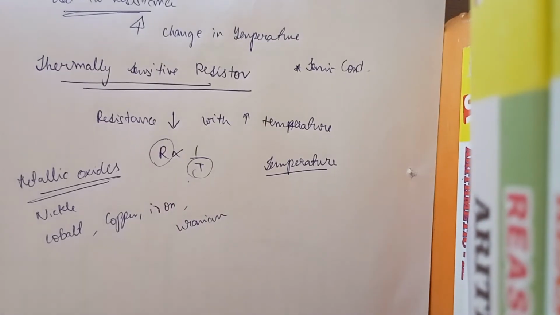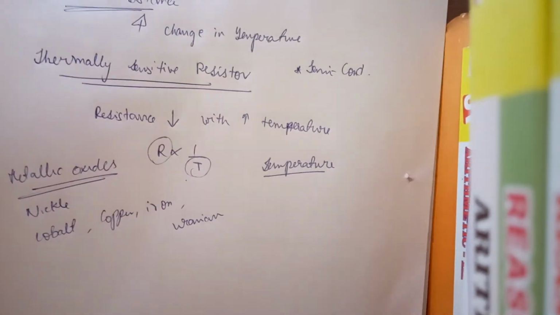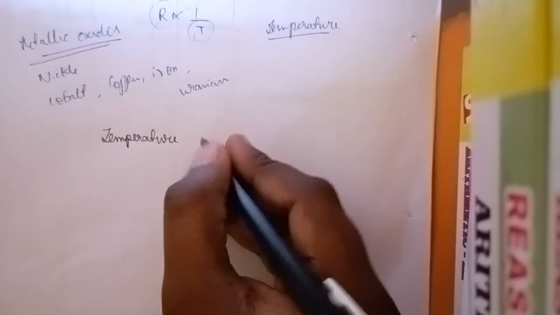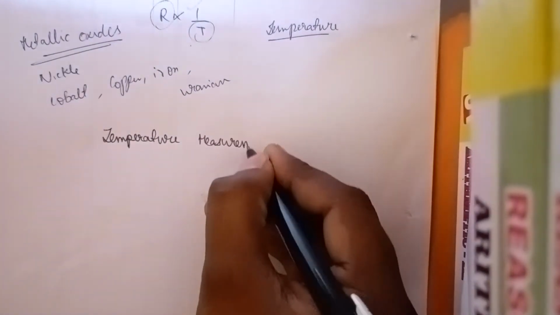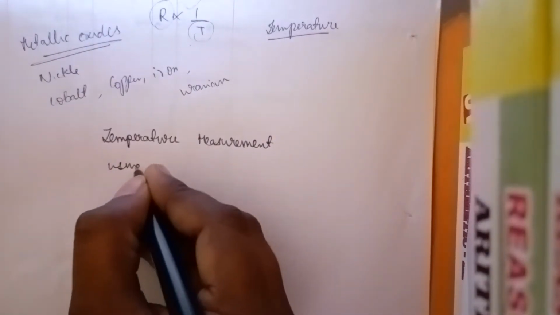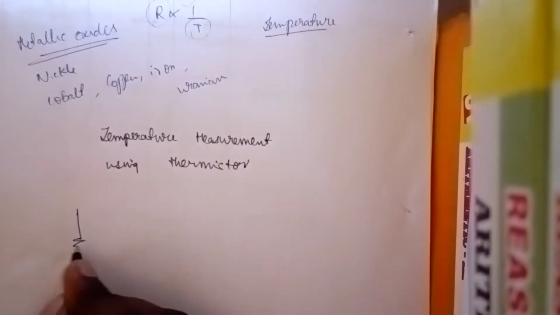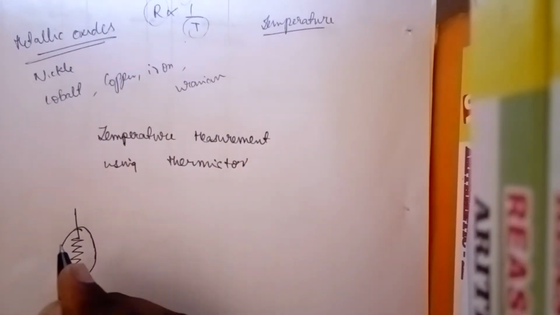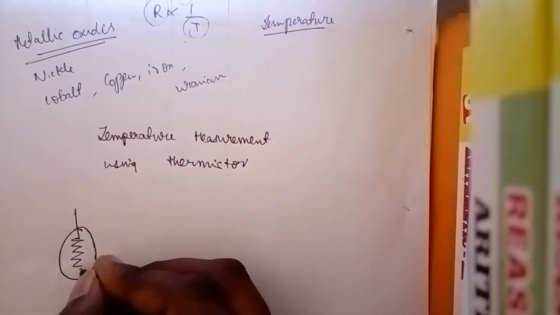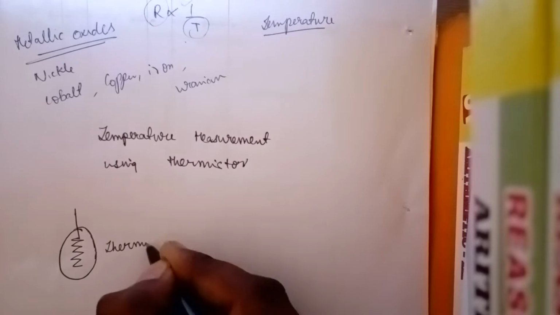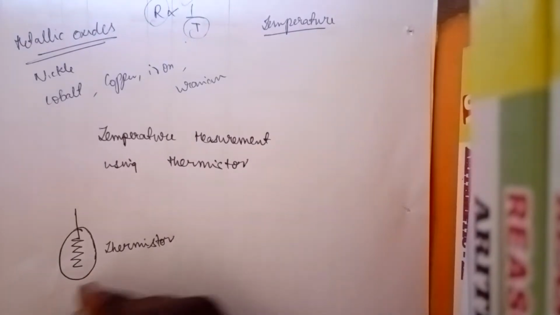Now let us understand by a circuit diagram how we can find the temperature measurement using the thermistor. This is basically your thermistor, which is nothing but a thermal resistor, a resistor which depends on the temperature.